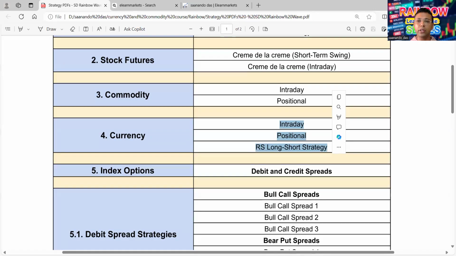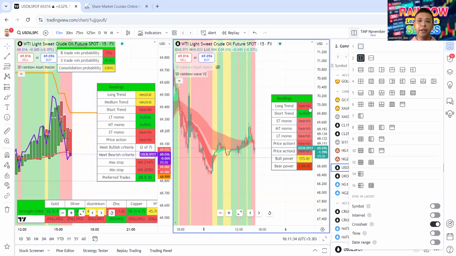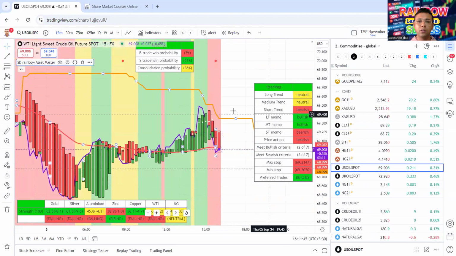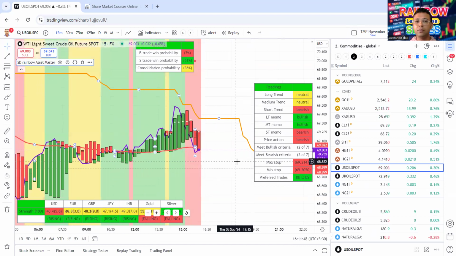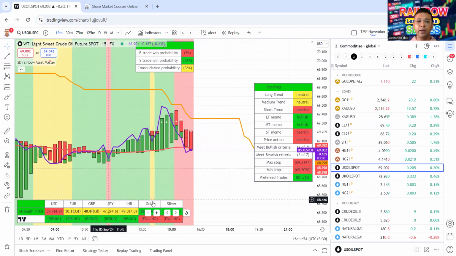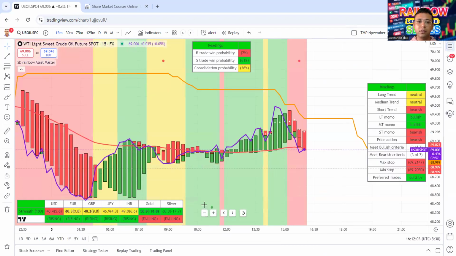Currency के लिए, let's once again close, make it single pane, and from the settings, instead of commodity, select forex or currency. तो यहाँ पे चेंजेस आ जाएंगे, आ गया है यूएसडी यूरो. सो ये जो नीचे का मीटर दिख रहा है, it is a relative strength meter. This relative strength meter will be very very useful in playing the relative strength pair trading strategy in currency.